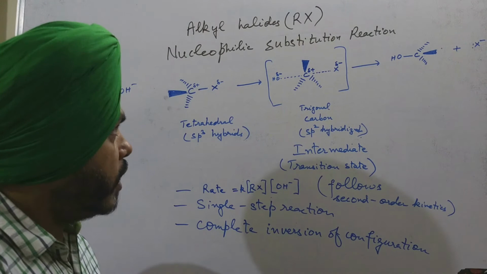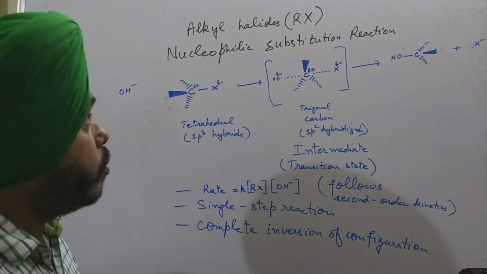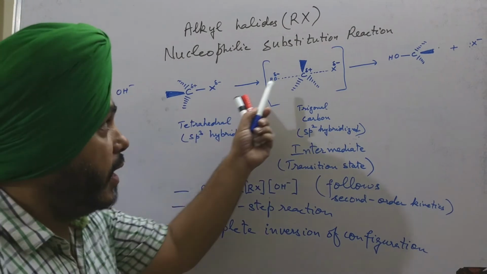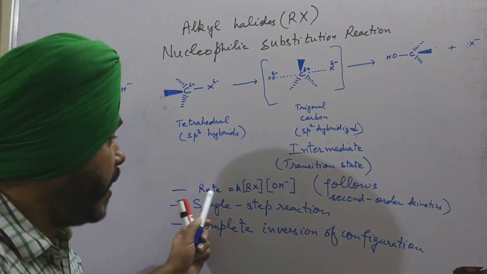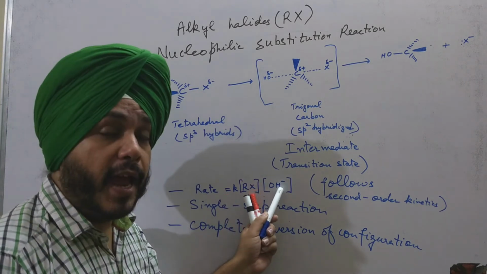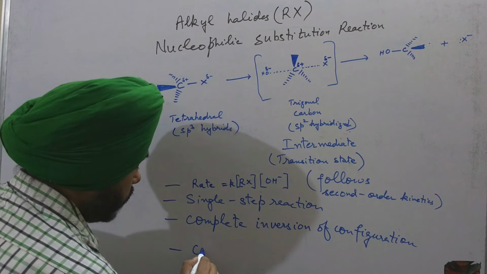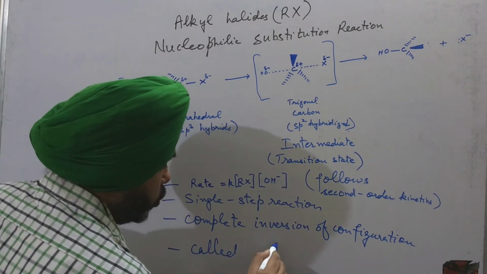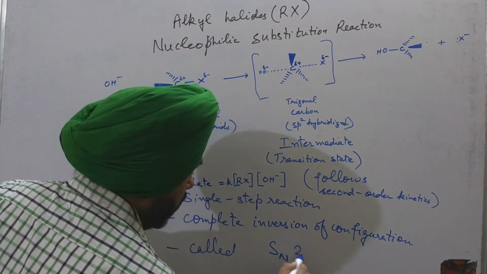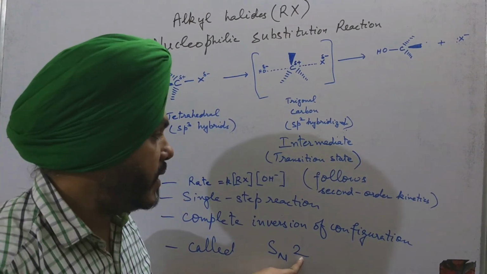Because this reaction takes place in a single step and is dependent on both the concentrations of alkyl halide and the nucleophile, it is also called SN2 reaction, which means substitution nucleophilic second order.